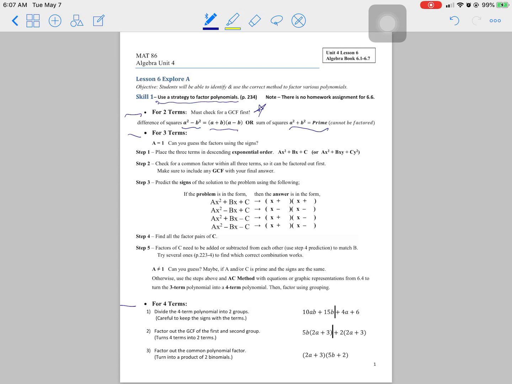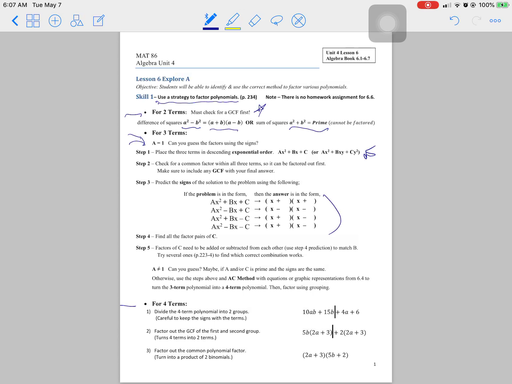For a 3-term, if a equals 1 or there is no a that you see, because it's equal to 1, those are the guess and check, or trial and error, or whatever you want to call it. Make sure that your terms are in order, and then check and see if there's a GCF that needs to be taken out.